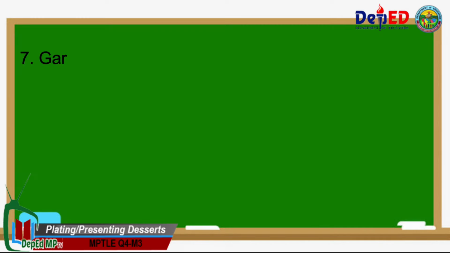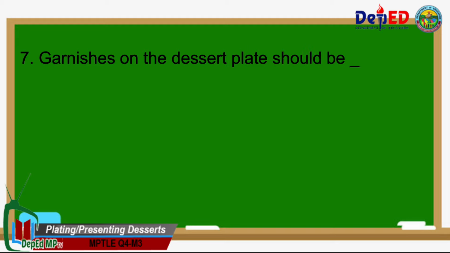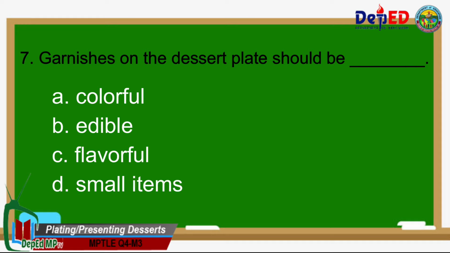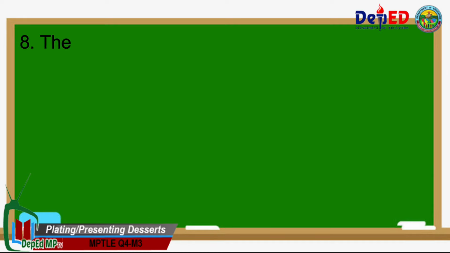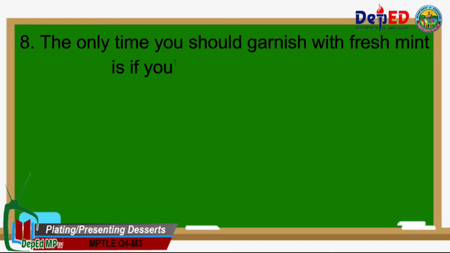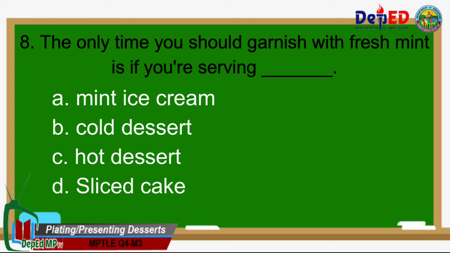Custard sauce. Number 7. Garnishes on the dessert plate should be blank. A. Colorful. B. Edible. C. Flavorful. And D. Small items. The correct answer is letter B. Edible. Number 8. The only time you should garnish with fresh mint is if you are serving A. Mint ice cream, B. Colored dessert, C. Hot dessert, and D. Sliced cake.